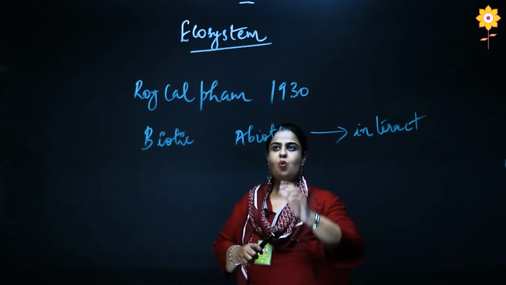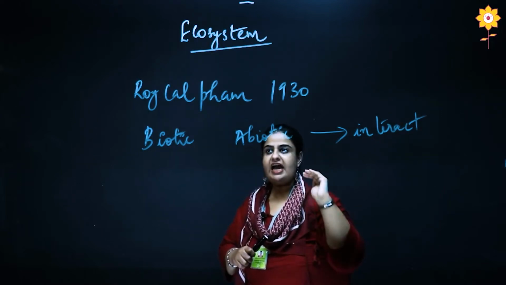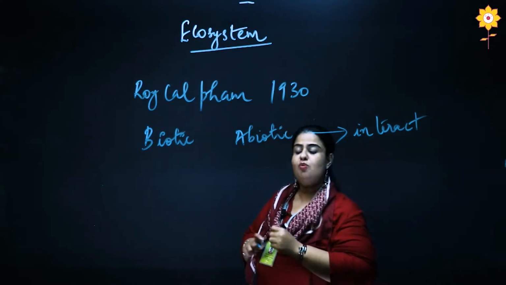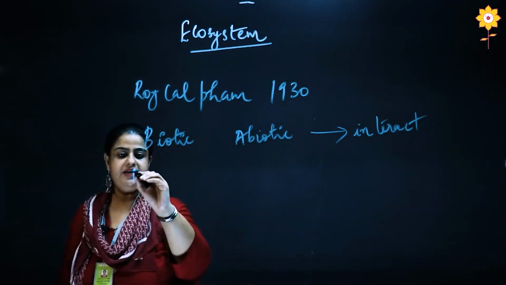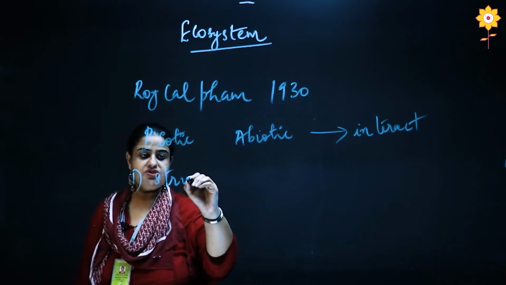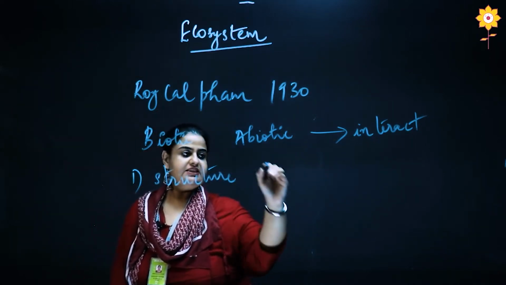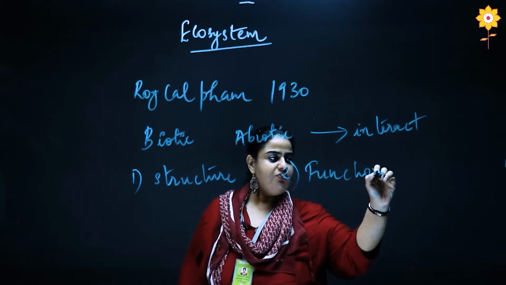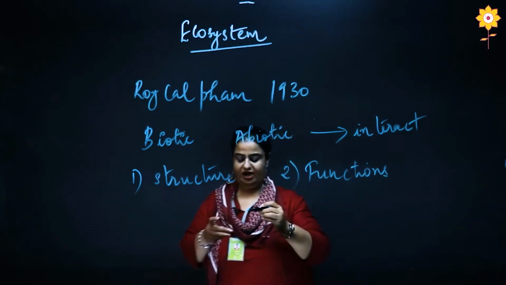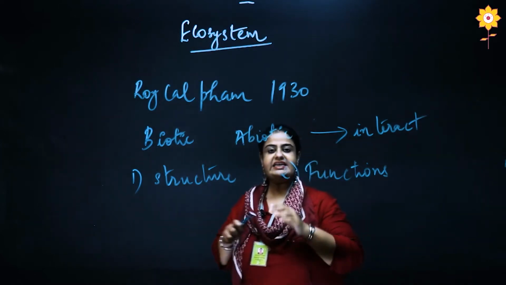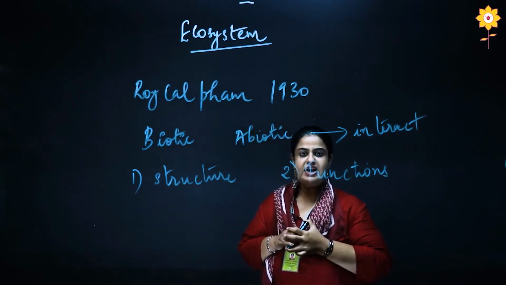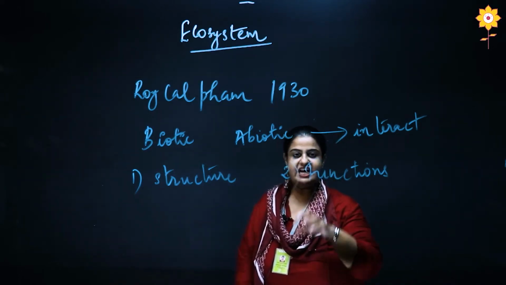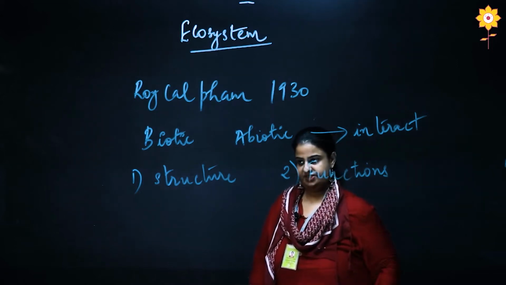Now, once we have gone through the basic idea of what ecosystem is, our focus should be on two major aspects of ecosystem. One, the structure of ecosystem. Second, the functions of ecosystem. When we describe the structure and functions of ecosystem, we will get a clear idea as to how life exists and why ecosystem is said to be the structural and functional unit of environment.